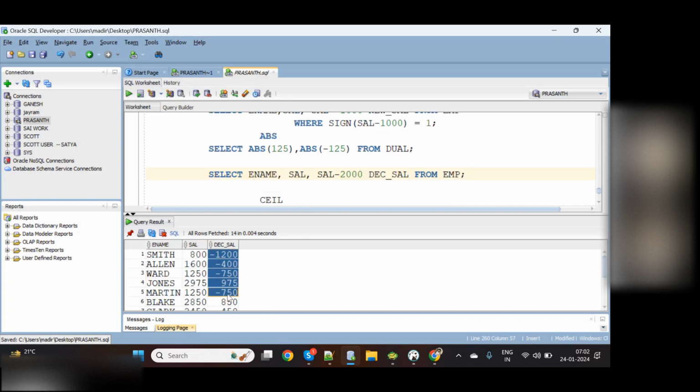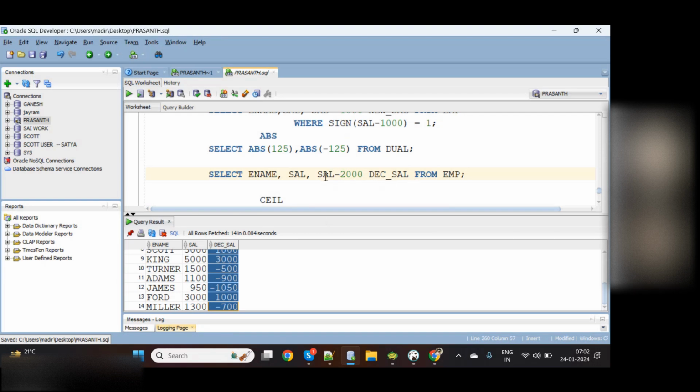Okay, so I am getting some negative values. But Harish, please maintain only the positive difference. Even when you subtract and it is negative, you show the difference in a positive structure, he said. So what you will write instead of negative, you will write absolute of sal minus 2000. So that means even if it is going negative, it will show you positive.